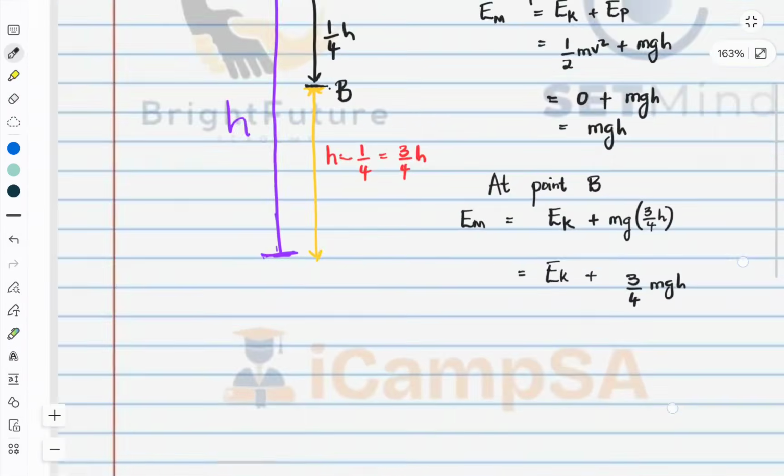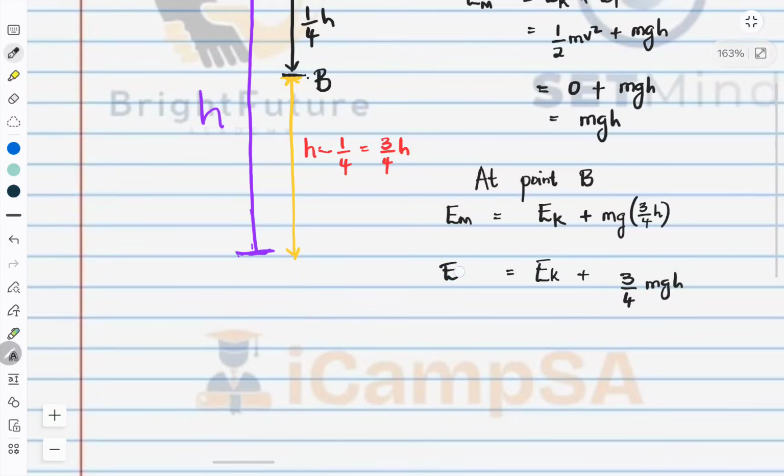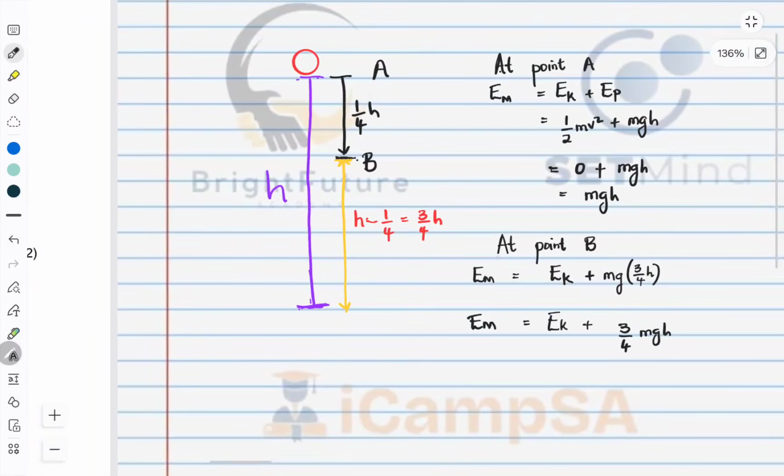So we know the potential energy. At point B, we are trying to find what the mechanical energy and the kinetic energy are. All right, let's work on it.